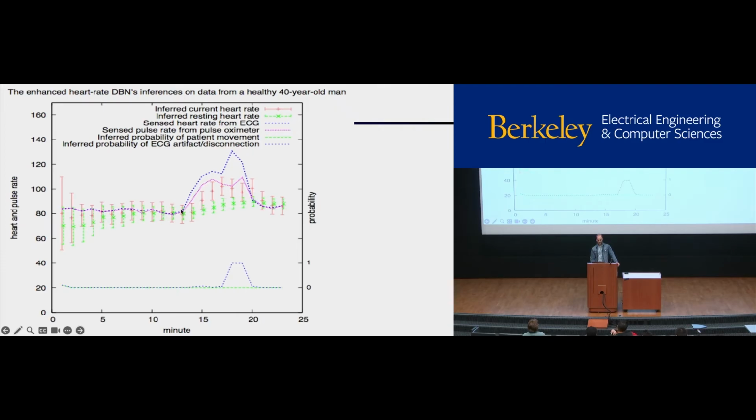What this system is inferring is that when these jump up like this, that's not indicative of the real heart rate. It's more likely that that was due to patient movement. Sorry, I'm skipping ahead. There's a future example where that's what's going on.